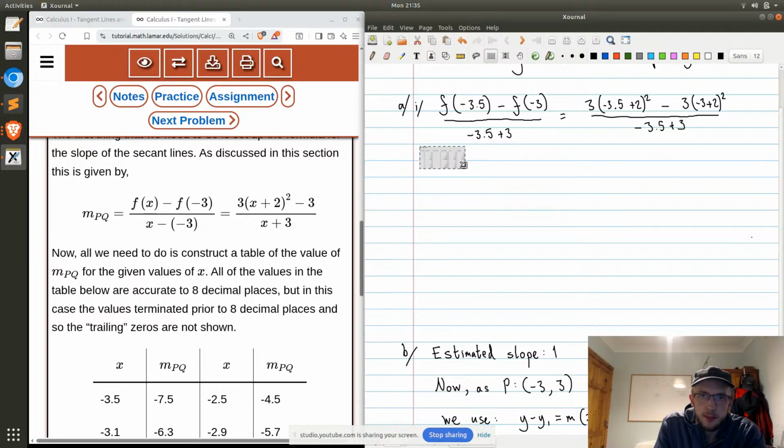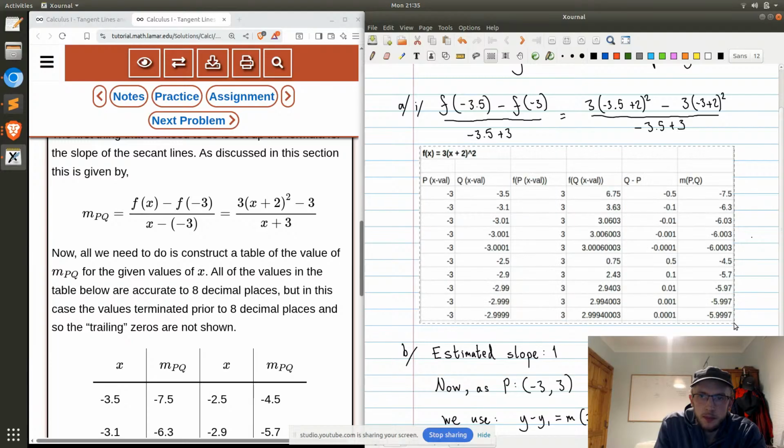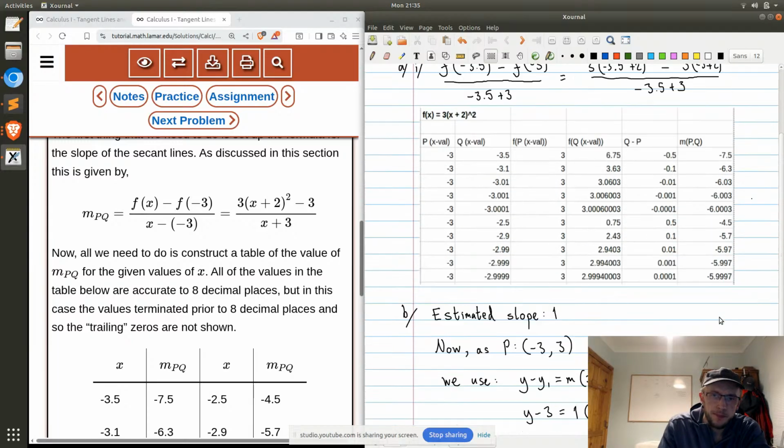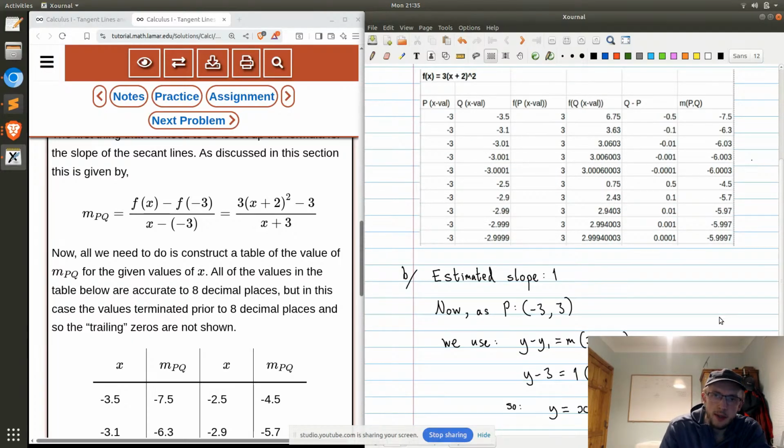Ridiculous. There we go. Now, the estimated slope is 6. So I'll change that to 6 and rework it.